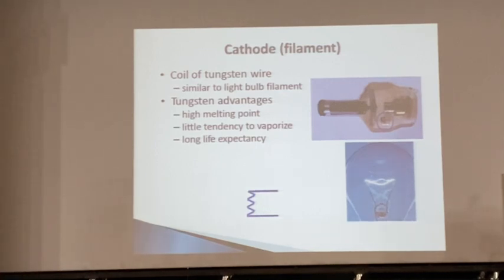Why is tungsten used? Because it has a high atomic number and a high melting point.